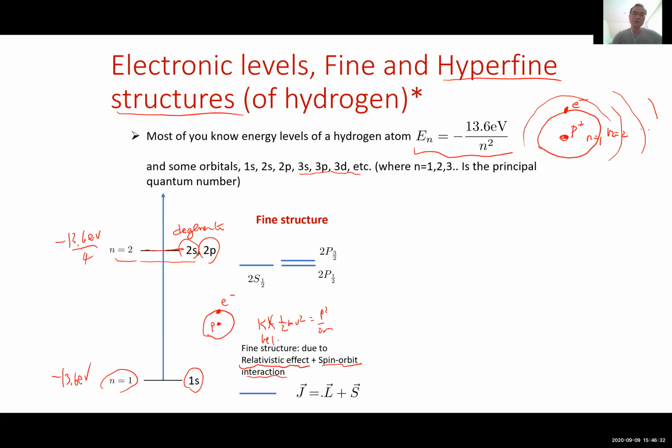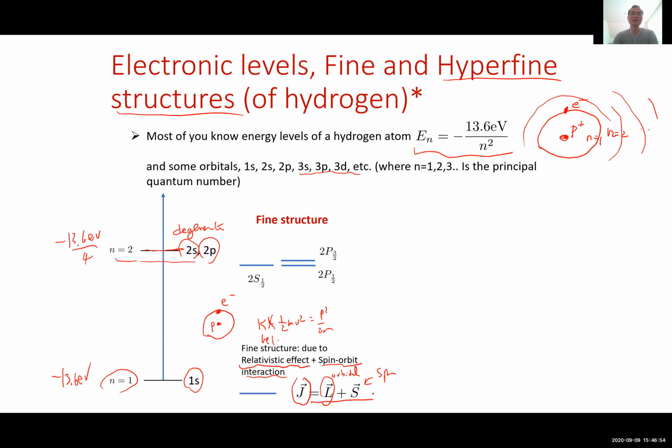So we usually use L to represent the orbital, and I already introduced S as the spin. Now you have two objects that have the property of angular momentum. So we call J the sum of the two. This is the total angular momentum.